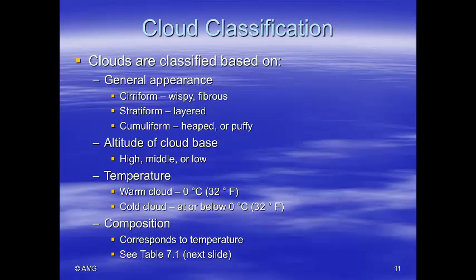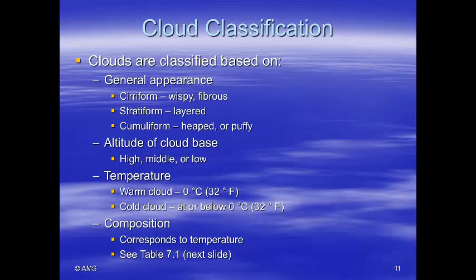The clouds are classified based on their general appearance, the altitude of the cloud, the temperature, and the composition. So for appearance, we have the cirriform clouds that are wispy and fibrous. We have the stratiform clouds that are layered, and the cumuliform clouds that are heaped or puffy. For altitude of the cloud base, we have high, middle, or low, low being closer to the Earth.